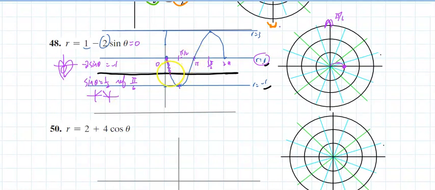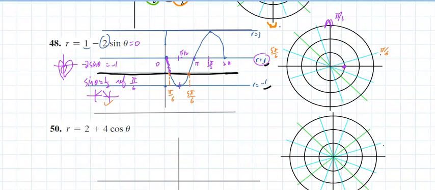I just figured out that this point happens at pi over 6, and this point in quadrant 2 happens to be 5 pi over 6. So by the time I hit pi over 6, that's going to zero out. Oh boy. How am I going to reach that? So I only need the pi over 6.